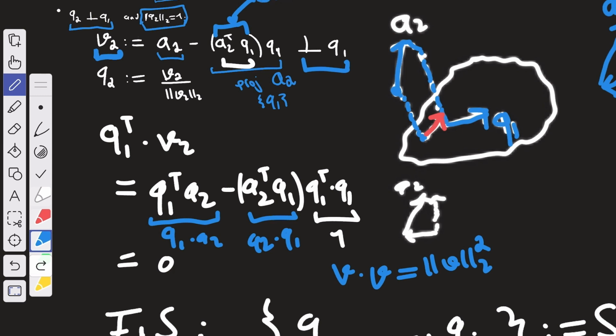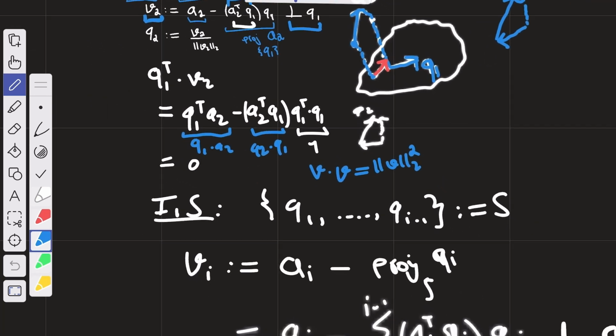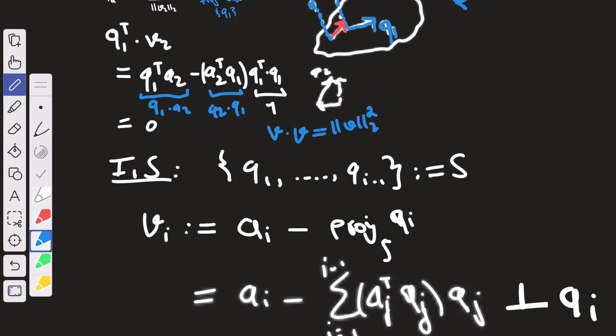So what's the next step? Well, let's do the induction step. Suppose that we have formed i minus 1 vectors, and we want to form the ith vector. How can we do that?